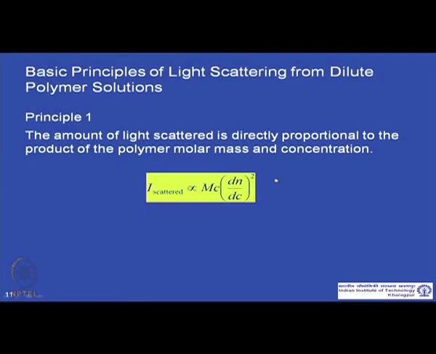So, as the first principle of light scattering, the amount of light scattered is directly proportional to the product of polymer molar mass M, concentration, and this term, the specific refractive index increment.